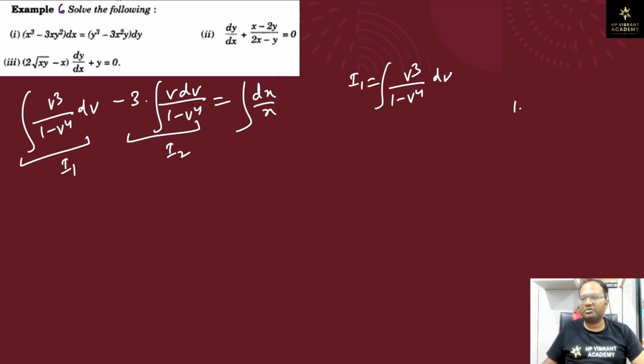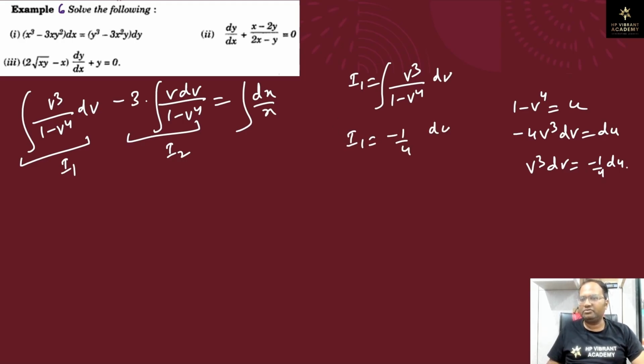Let us take 1 minus v to the power 4 as u, so minus 4v cube dv is equal to du. So v cube dv is equal to minus 1 by 4 du. So I1 is equal to minus 1 by 4 integration of du upon u.